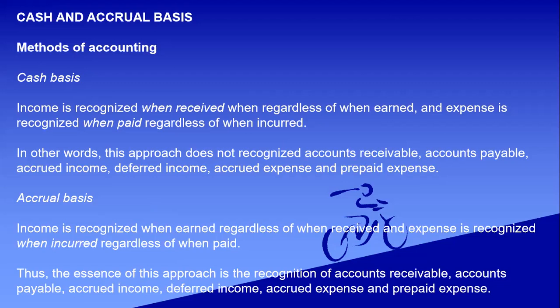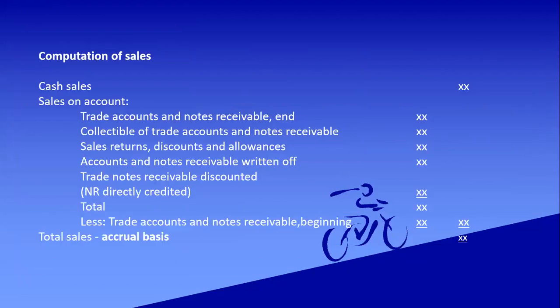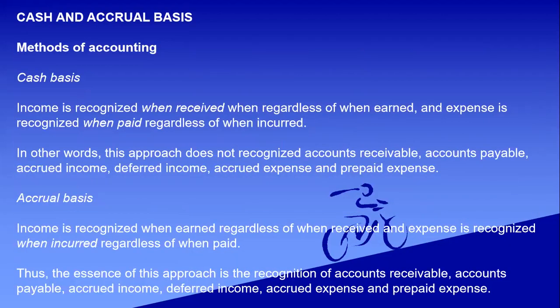Now, this approach does not recognize accounts receivable, accounts payable, accrued income, deferred income, accrued expense, and prepaid expense. On the other hand, accrual basis for income is recognized when earned, regardless of when received, and expense is recognized when incurred, regardless of when paid.